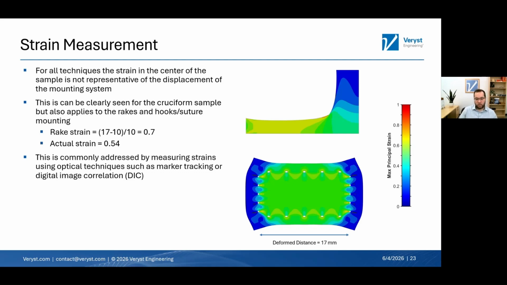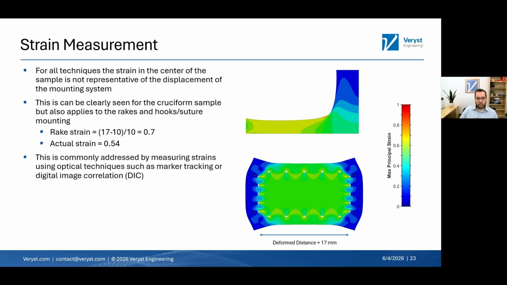Often, if you just took the starting crosshead displacement and divided by the end crosshead displacement to get your stretch, you'll greatly overestimate how much that gauge region is actually deforming. And the same applies here as well. You can see that on that cruciform sample quite clearly, that a lot of the displacement being applied in that equibiaxial loading is being transferred to the arms.